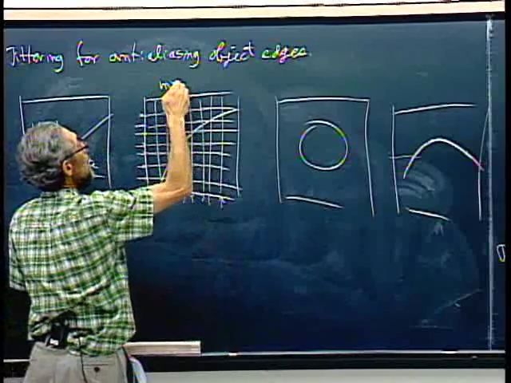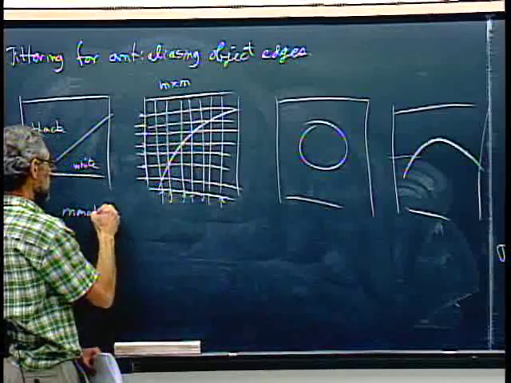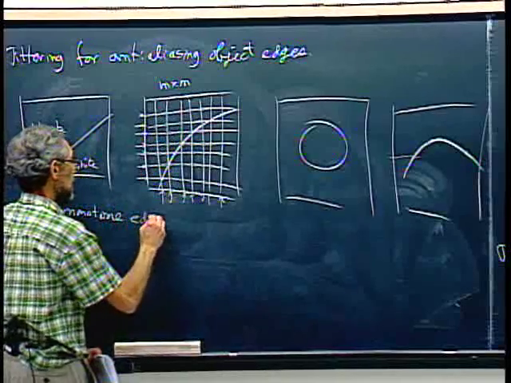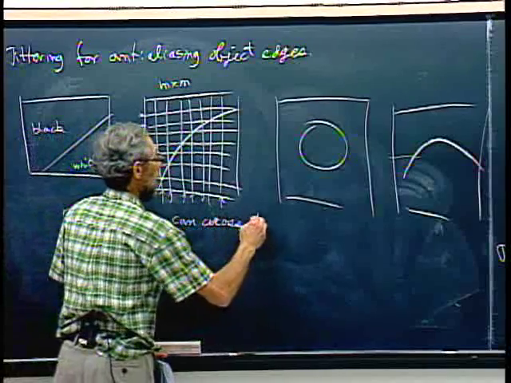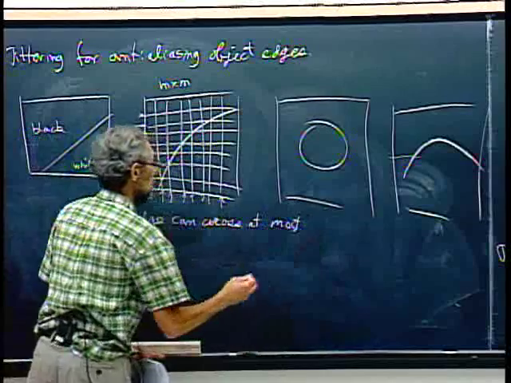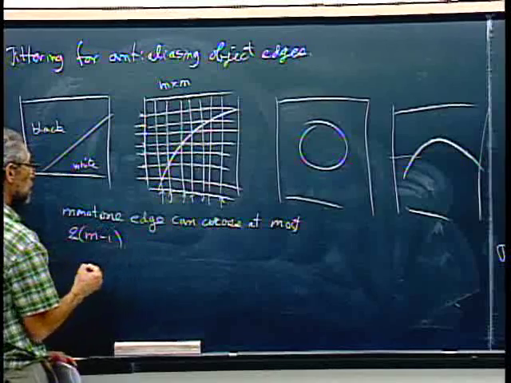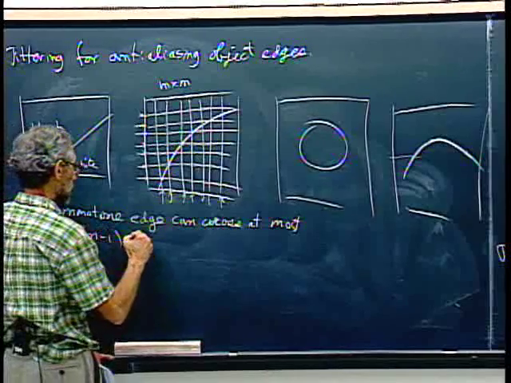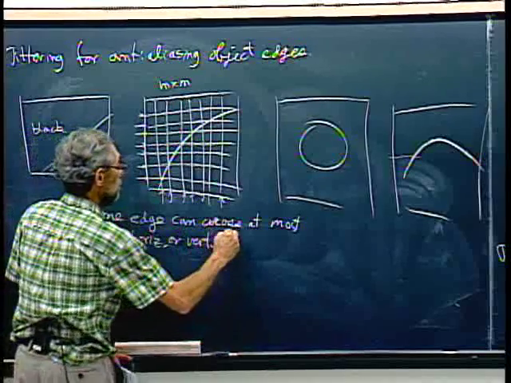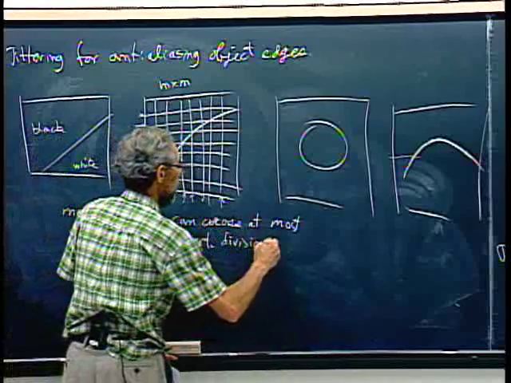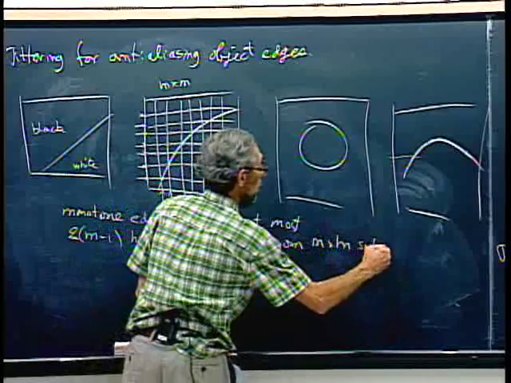So if I have m by m, a monotone object edge can cross at most 2 times m minus 1 horizontal or vertical divisions of m by m subpixels.